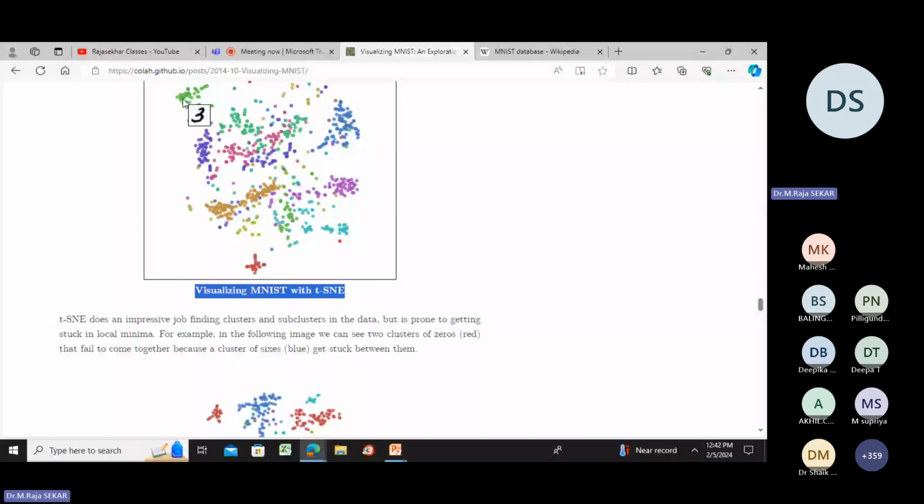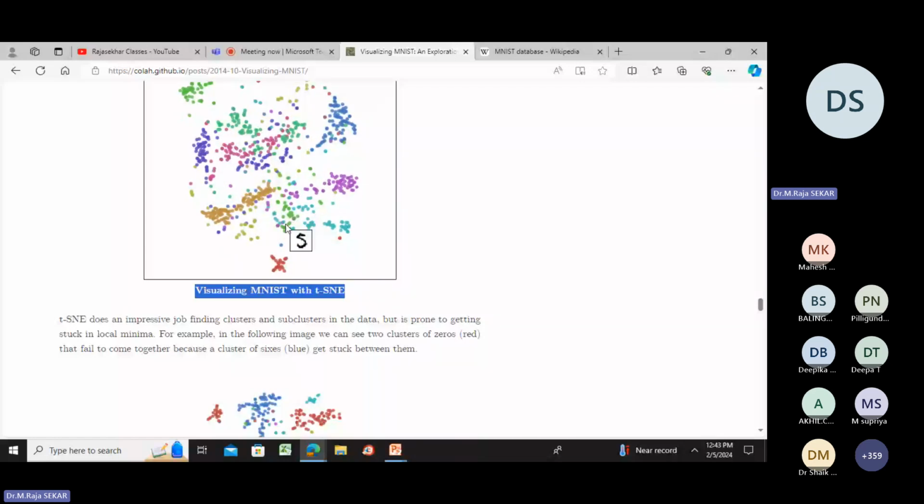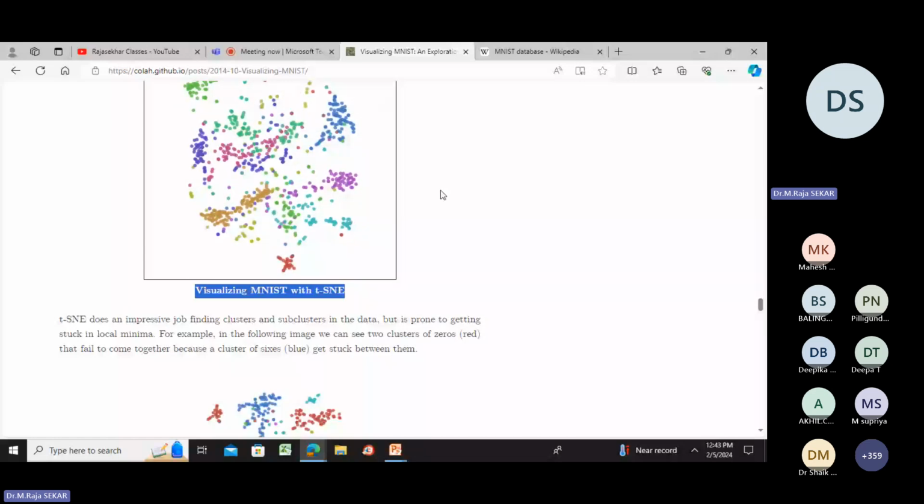These pixels are related to 3. There is a clear separation. Just see, this is 5. This is 0. This is 5. Yes, this is 8. Sometimes your 8 is closer to 3, because the 3 shape is a little bit similar; people may write a 3 almost like an 8. There may be people who write 5 similar to 8. That's why it is showing like that.